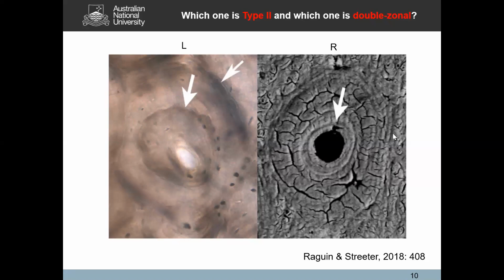The reason we would call this a double zonal is simply because you only see a very fine periphery line here, but it's not actually a cement line, and there are no very distinct lamellae forming on the inside. So you just know that this osteon started forming, and then that formation got interrupted, and then the osteon continued forming again. But yeah, good job overall.